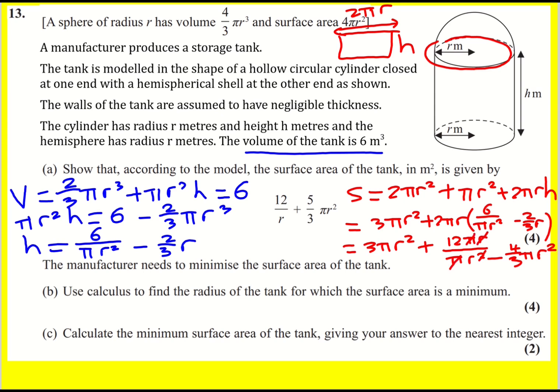This r cancels with that one. And then 3 is actually 9 over 3. Okay, I put it over a common denominator. So I've got 12 over r. Then 9 over 3 pi r squared minus 4 over 3 pi r squared gives me 5 over 3 pi r squared. And that was what we're asked to find.